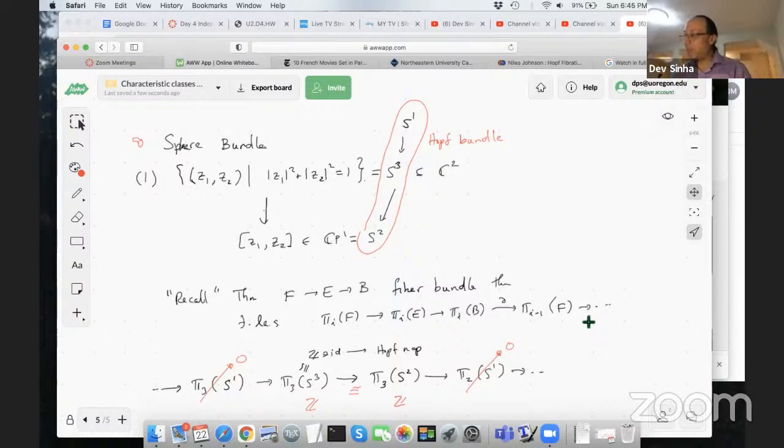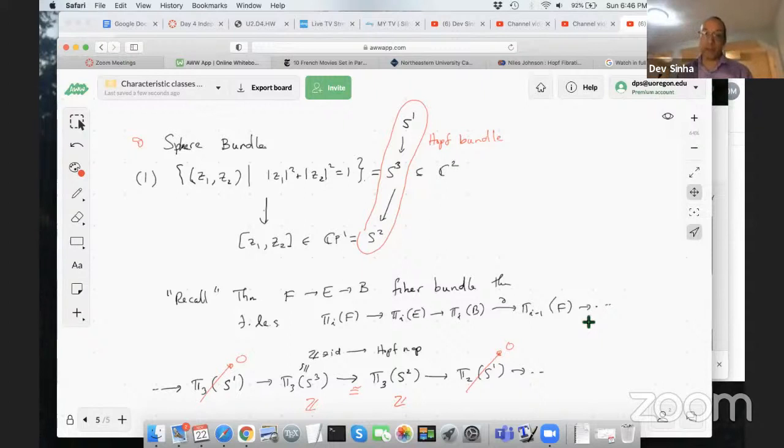But yeah, just the existence of this bundle and the long exact sequence of a fibration, of a fiber bundle, says that pi 3 of S2 is not 0. In fact, there are many, many non-zero homotopy groups of S2.